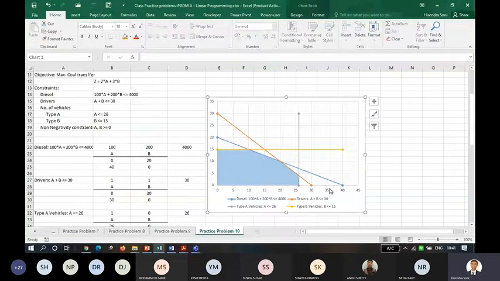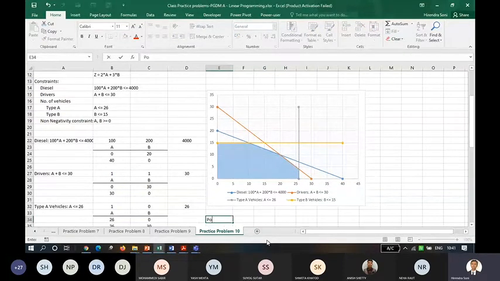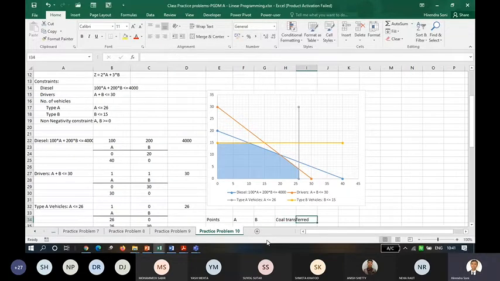Fine. So this says it is 26 and this is 4. So 26, 4, that is what we'll be getting. So let us identify the points, and according to the points, this is my point. This is value for A, value for B. This is value for coal transferred.